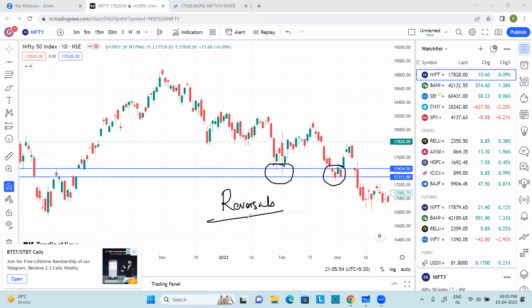In support and resistance, what will you get? You will get a response, not a reversal. You need to make use of this response and book your profits. That is your job, how to use it.